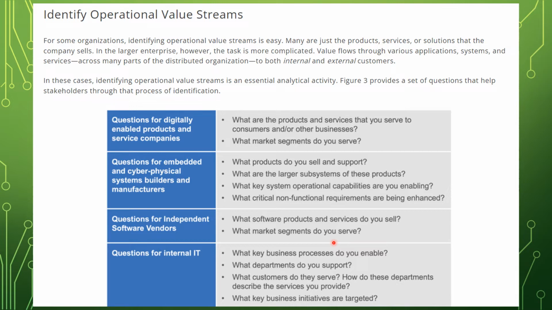Each department can have them. Even some value streams will cut across departments, like travel. The questions for digitally enabled products and service companies are: what products and services do you provide to customers or other businesses? So these are some of the examples you can identify.